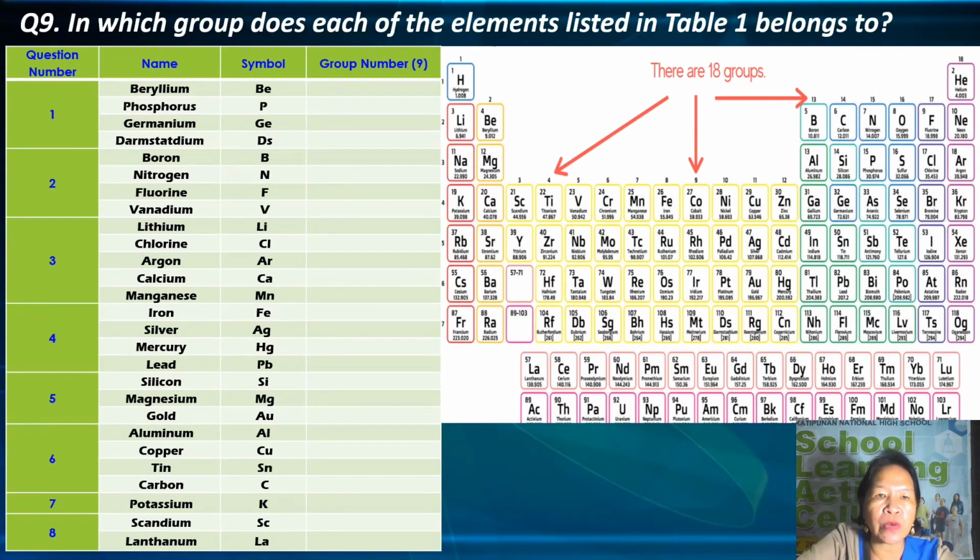So we will continue the activity. In which group does each of the elements listed in table 1 belong to? Let us try to check your answer if you got it right.